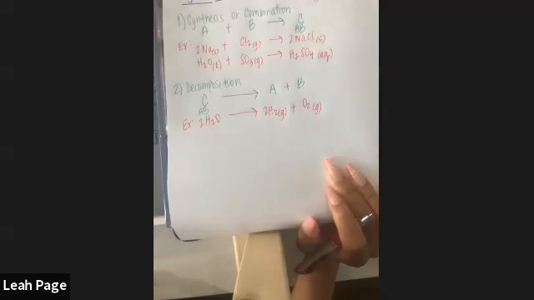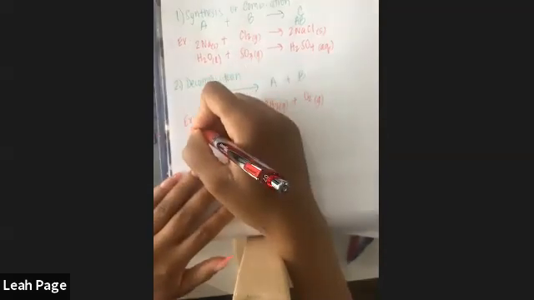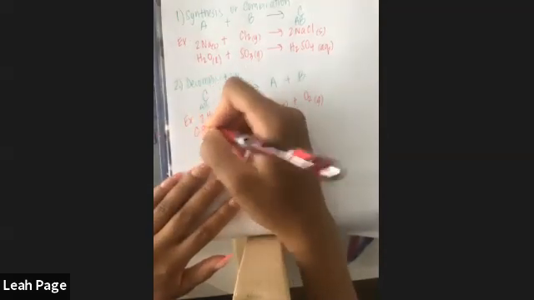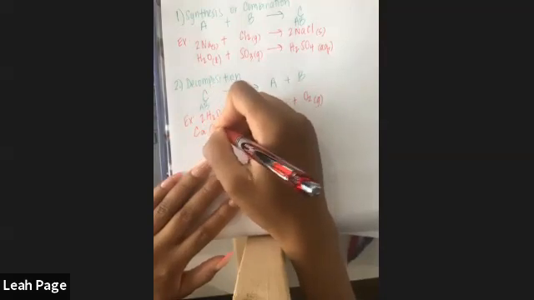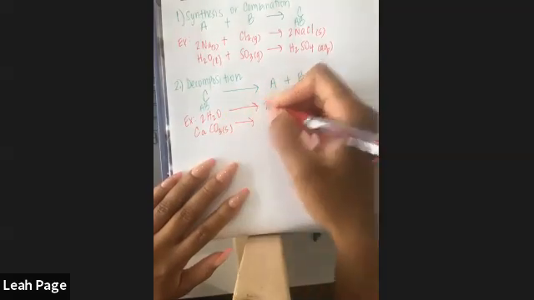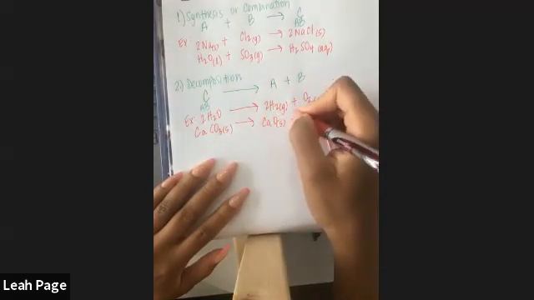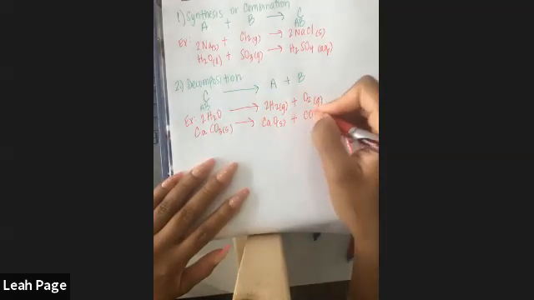Another example of a decomposition reaction is if I have one substance such as calcium carbonate, and I break it down to just calcium oxide plus carbon dioxide.